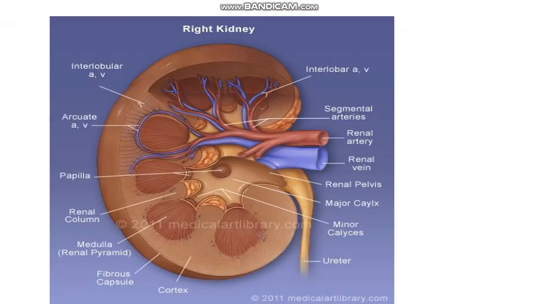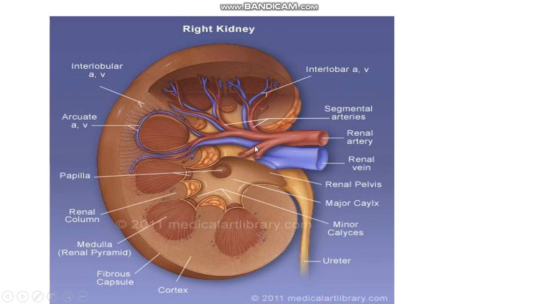Dear students, we can continue with the borders of the kidney. Each kidney has two borders, the medial border and the lateral border. Here is the medial border and this is the lateral border. In the medial border, nearer to the upper and lower pole of the kidney, the medial border has a convex shape.